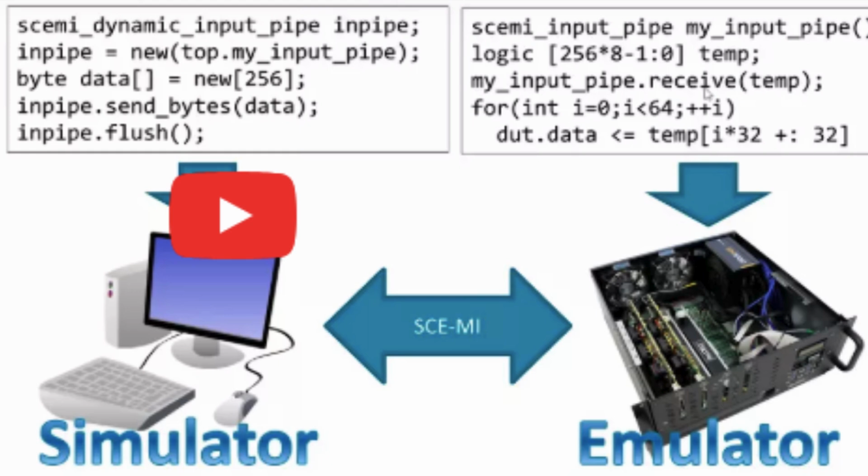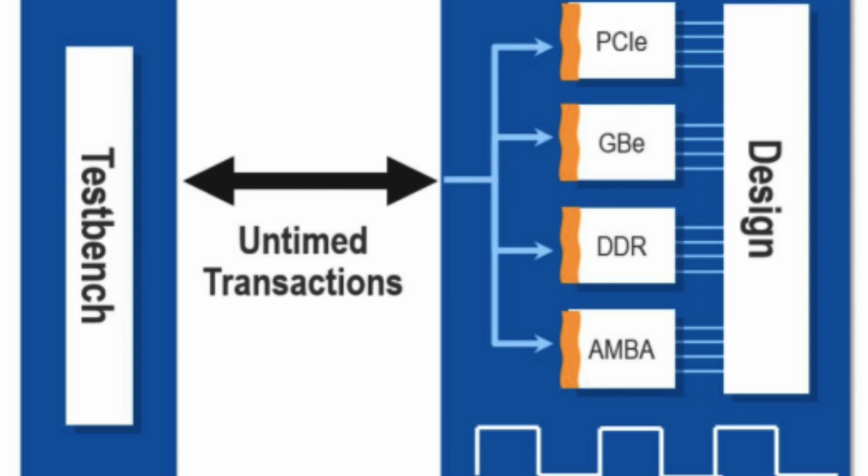Think of it this way: your hardware section will go to the emulator, and your software section will go to the simulator. For example, if you have a test bench and a DUT, design under test, you can pass the test bench directly to the simulation and the DUT directly to the emulation process.